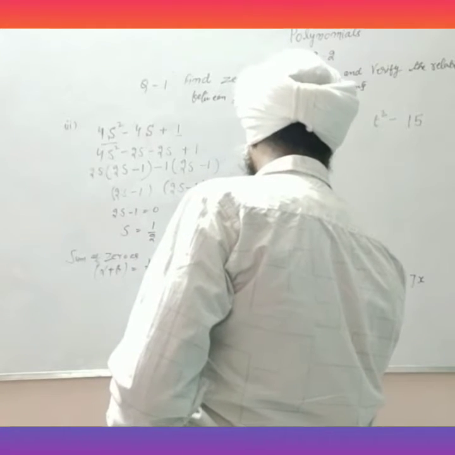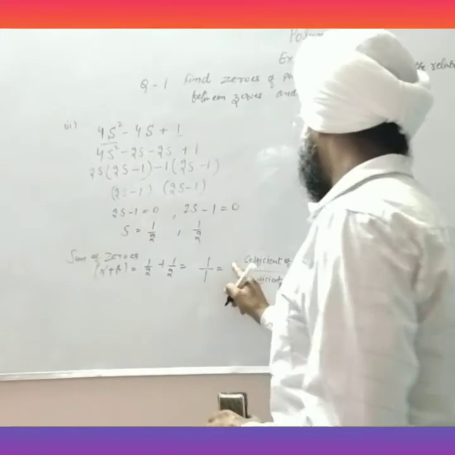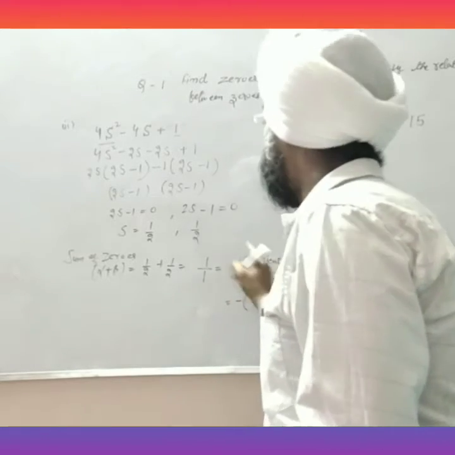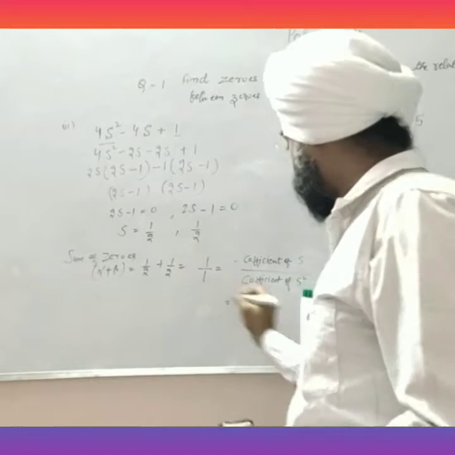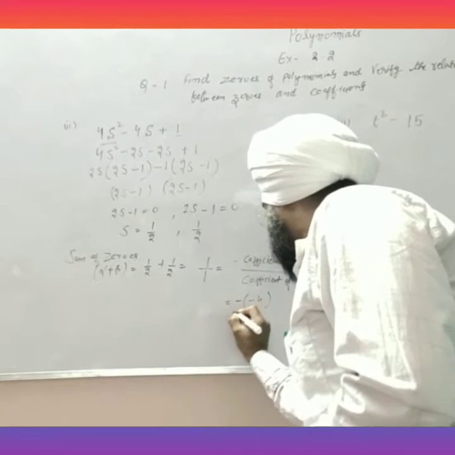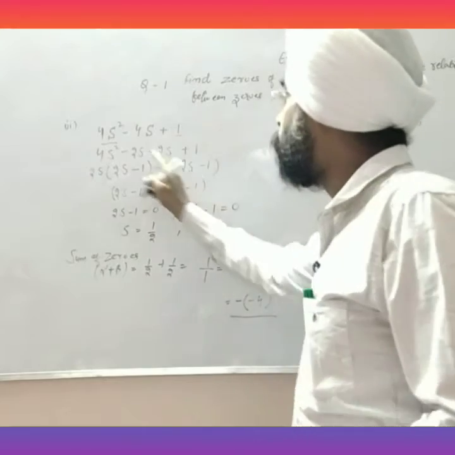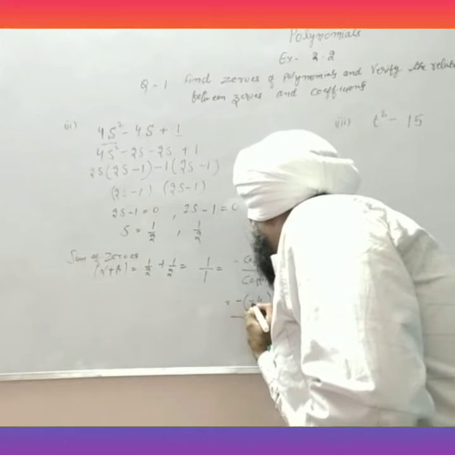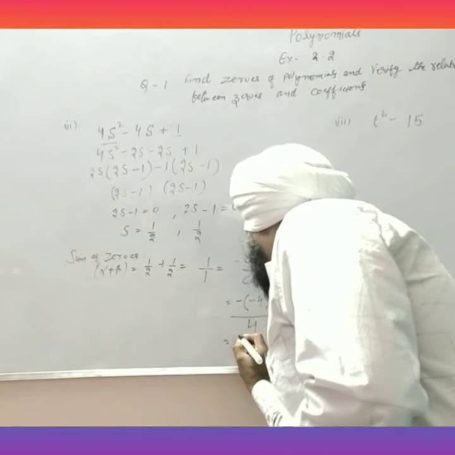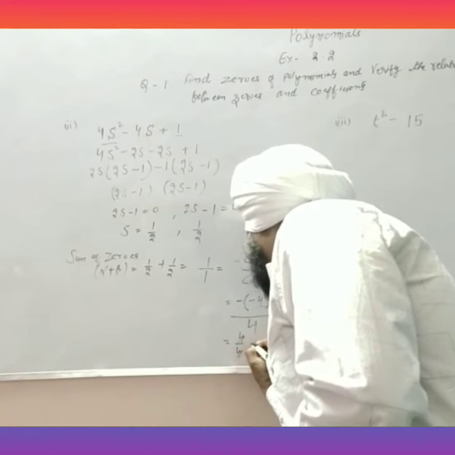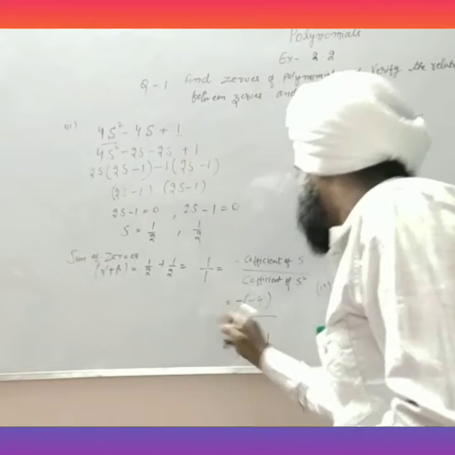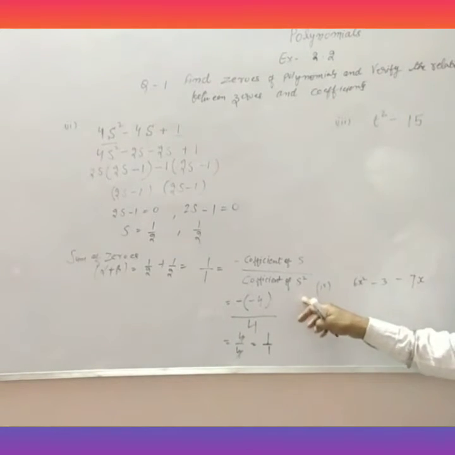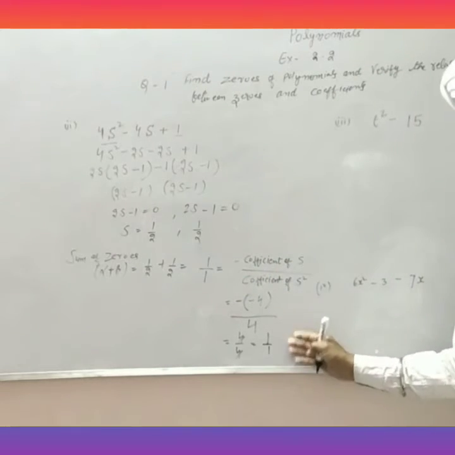Coefficient of s is minus 4, so I will write minus 4 here, with the minus sign in front. Coefficient of s square is 4, I will write 4 here. Minus of minus 4 is 4, 4 by 4 is again 1 by 1. 1 by 1 are equal. The sum of the zeros is verified, the relation between the coefficients and zeros holds.